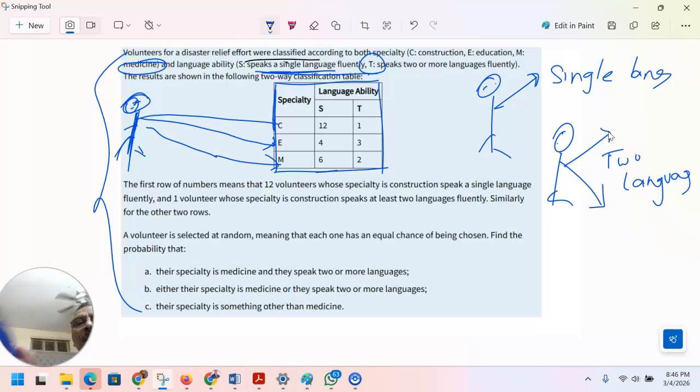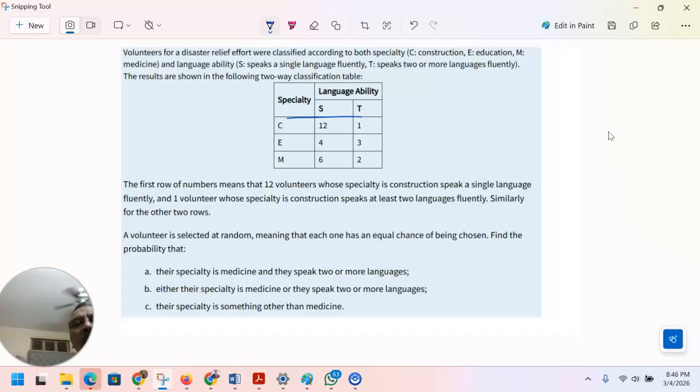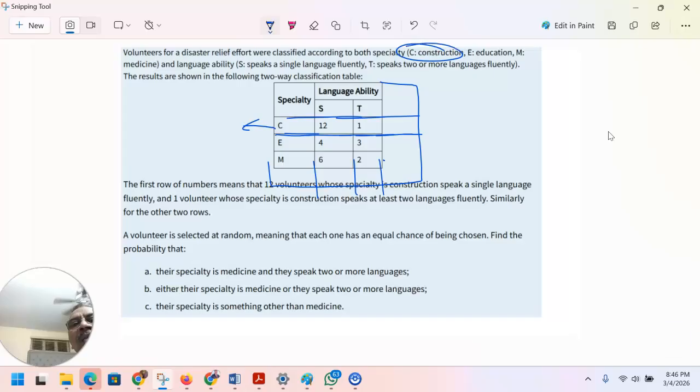So in this example, let me make a new table. Even if they give you a table, I'll add one more row and one more column just to show how many volunteers they have. Now C means they are good in construction, and you can see there are 12 who know one language.